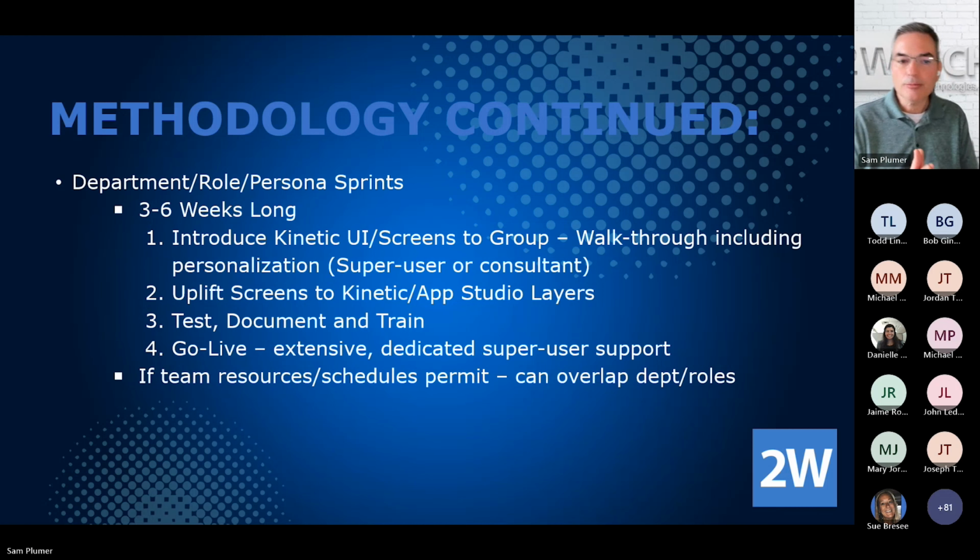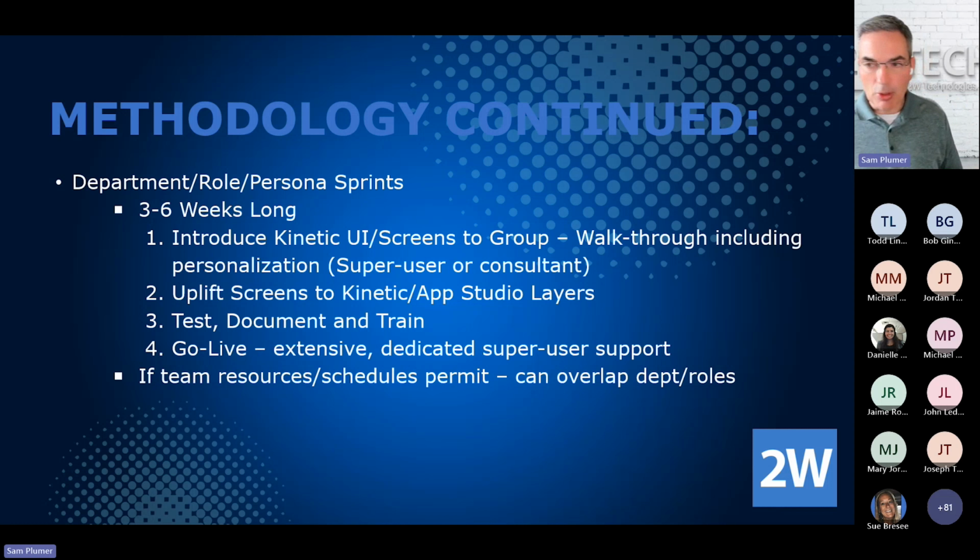Okay, so let's talk about the specific things that customers are doing. And again, I'm going to stay with that same example of one of the groups. And again, in a typical organization, there might be 6 or 8 or 10 or even more of these small teams, again, focused department, role, and persona.